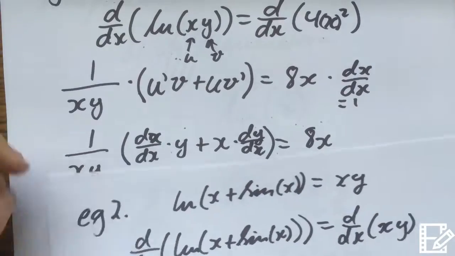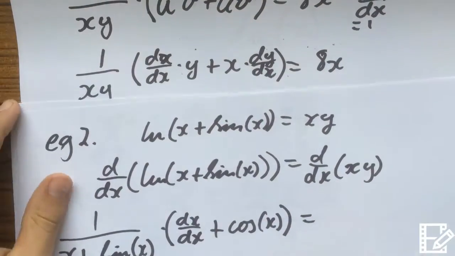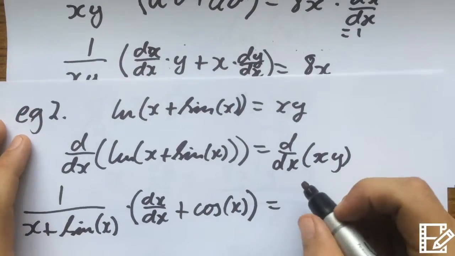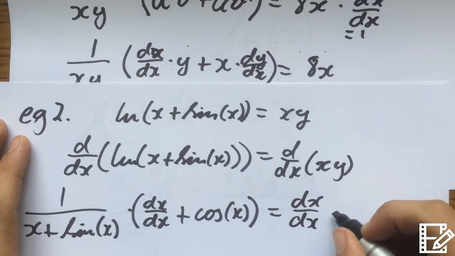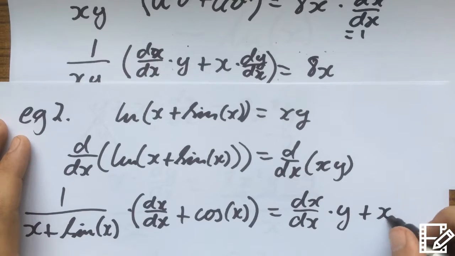So I'm just going to use this because it saves time. So we have the derivative of x with respect to x multiplied by y plus x multiplied by the derivative of y with respect to x.